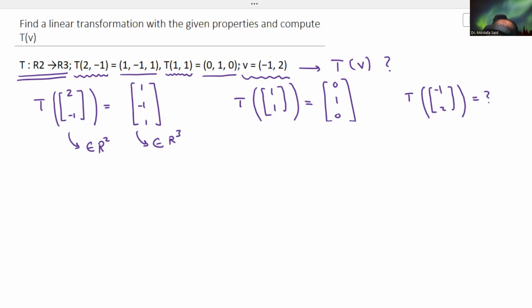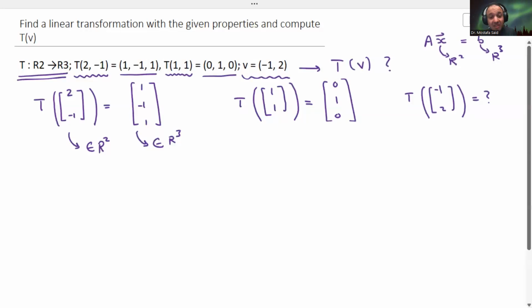So we have some matrix called T, for example, that we don't know. When we apply T to a vector x, for example, that belongs to R2, it gives us another vector b. This vector belongs to R3. That's it. But we don't know A.